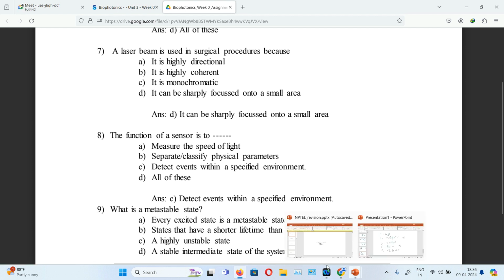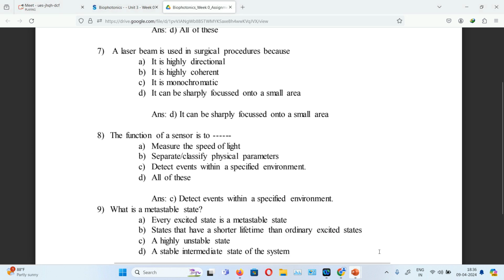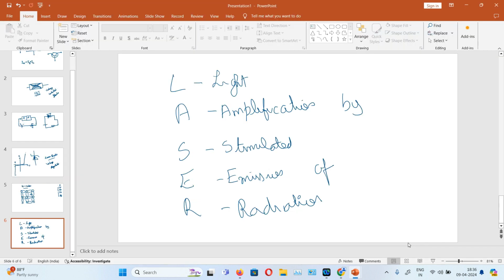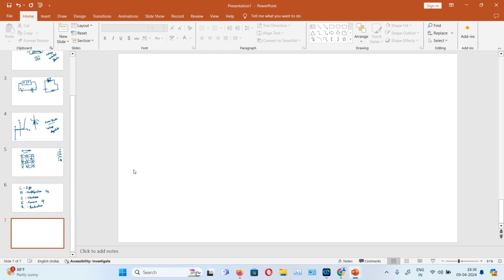So what happens in the case of a material? Don't think that all materials have a metastable state. There will be different materials. Some may have a metastable state, some may not. Depending on our application, we may have to find one. For example, ruby has a tertiary metastable state. Atoms can go to an excited state, then have some change in energy, and go to the metastable state.